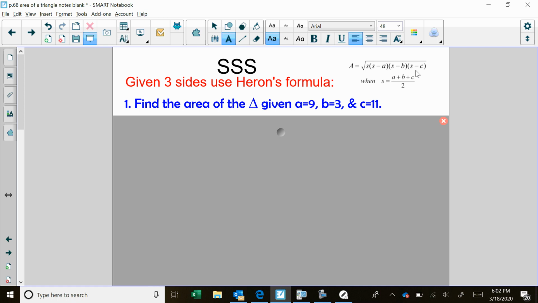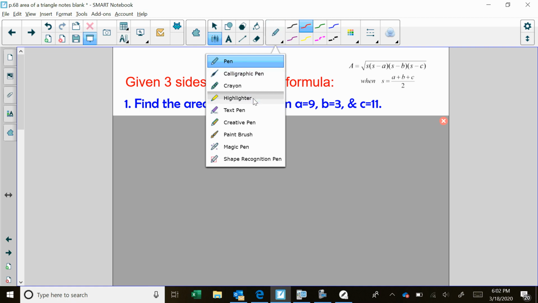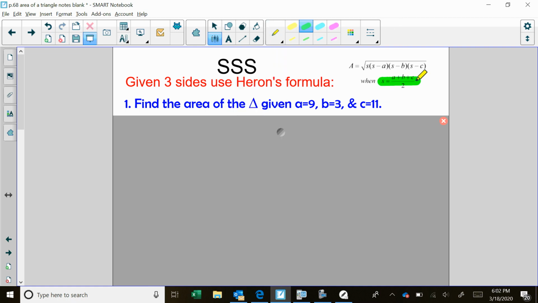Over here on the right, I have the formula. It's actually two different formulas combined into one. You notice it's side side side because of the information that's given to us. You got a 9, 3, and an 11, all side lengths. So the first thing we have to do is this little part of the formula. Take the three side lengths, 9, 3, and 11, and divide by 2.